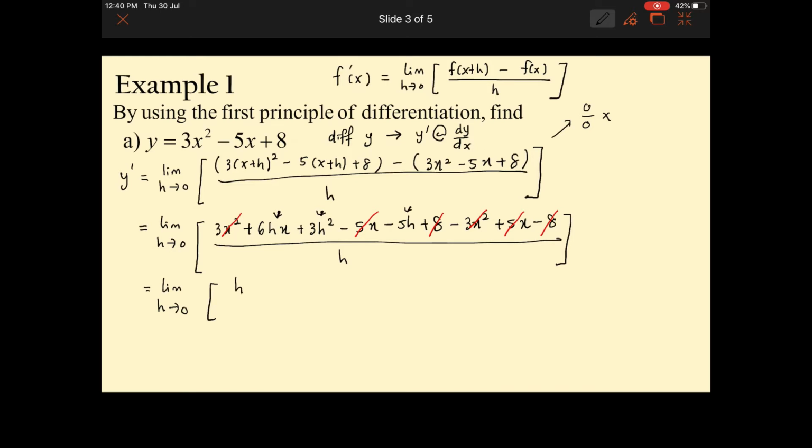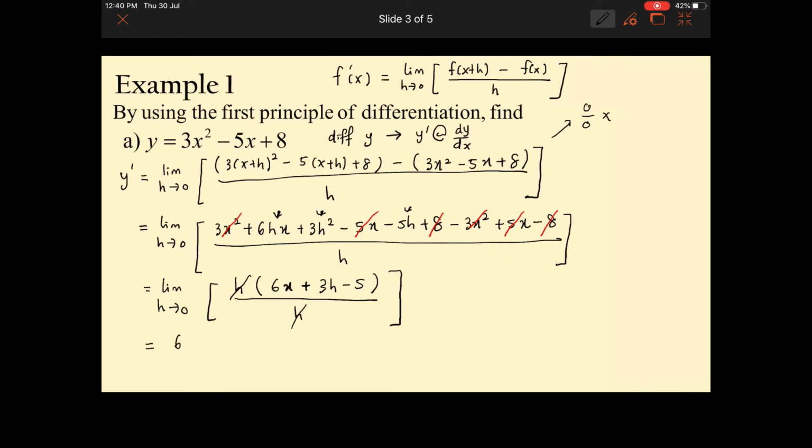So this would be equal to limit of h approaches 0 of, we factorize h outside, so first term leave with 6x plus 3h minus 5 divided by h. Now obviously you can cancel out h.